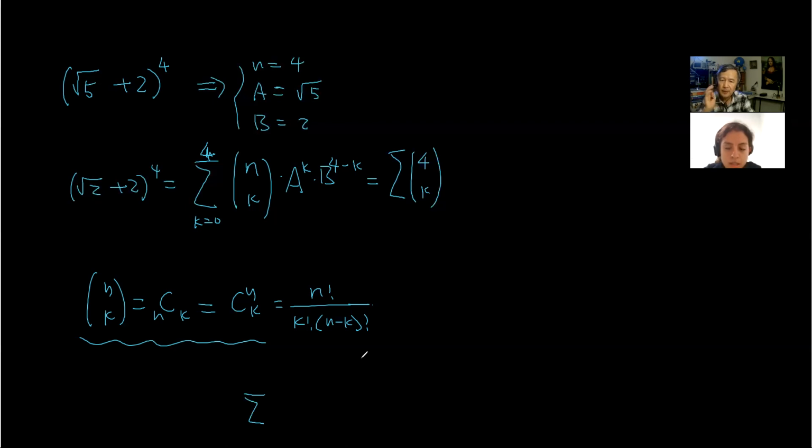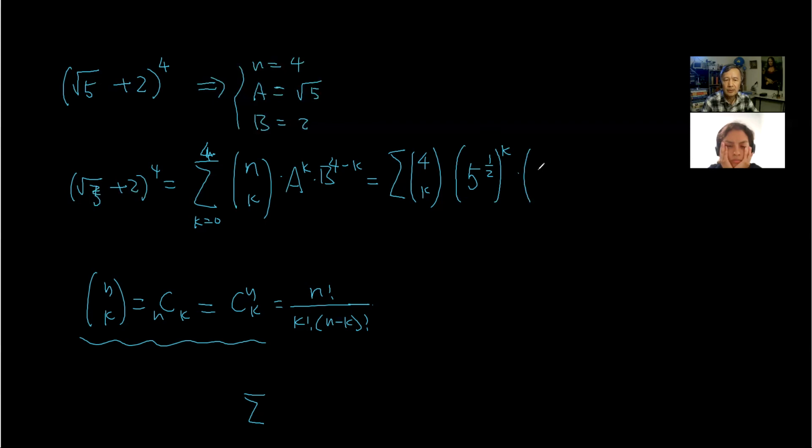Do you want to continue? Yes, please. This is 5, this is 5. So we have square root 5. Can we rewrite that first? Can we read it as 5 to the power of a fraction? That's square root 5, do you agree? And then the power will be k.